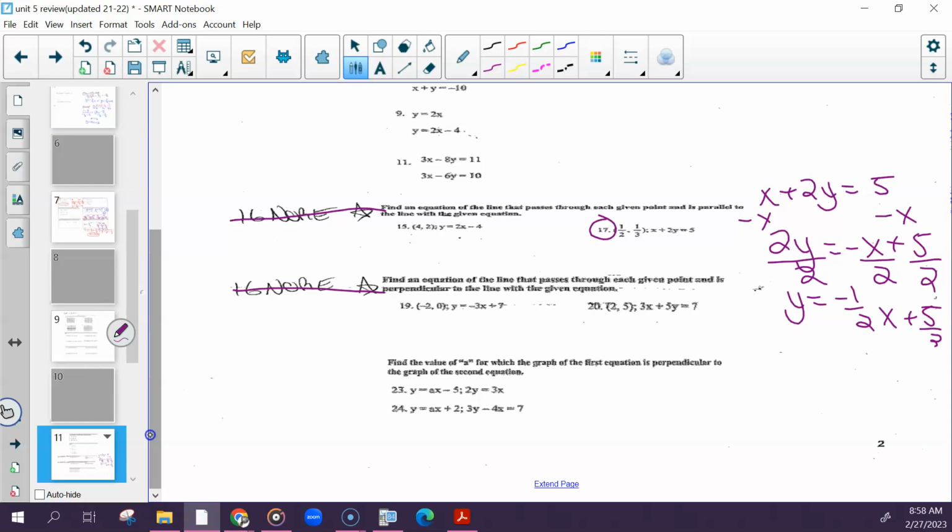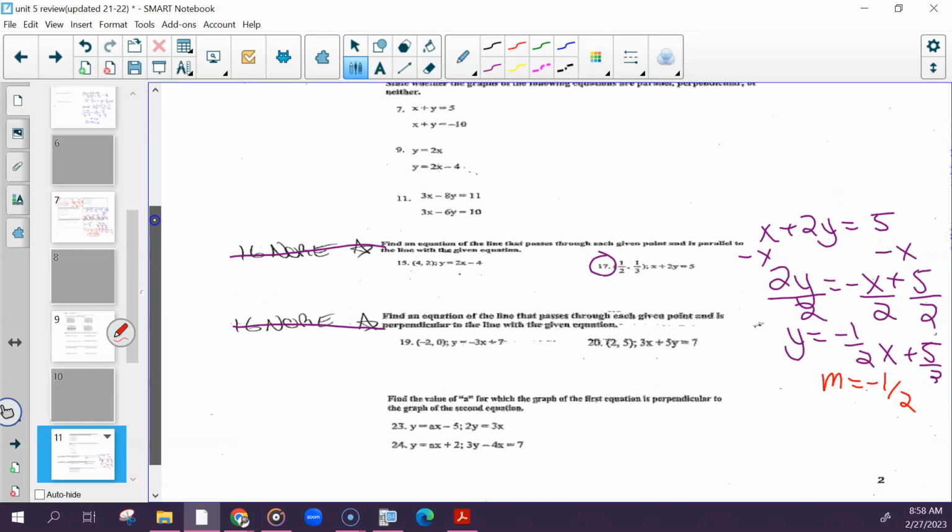Then, if we have something that's parallel to this one, what is the slope of that new equation going to be? Yes, it's going to be the same, -1/2. So then we're going to use that slope and this point to do our point slope. I'm going to do that in this open space up here.